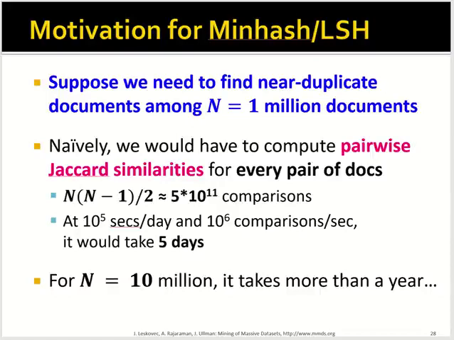It is about 10 to the power 5 seconds, or a day, and if we can carry out 10 to the power 6 comparisons per second, this comparison will be accomplished within 5 days. If n is 10 million, it would take more than a year to accomplish such a comparison. This is very time consuming and very impractical.